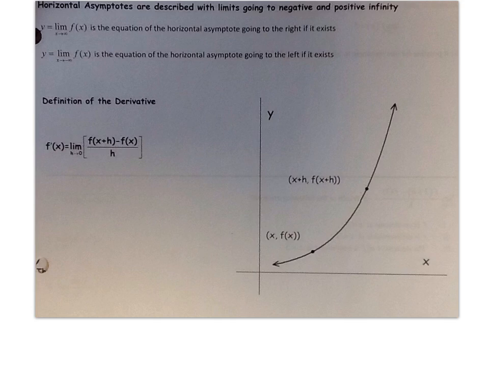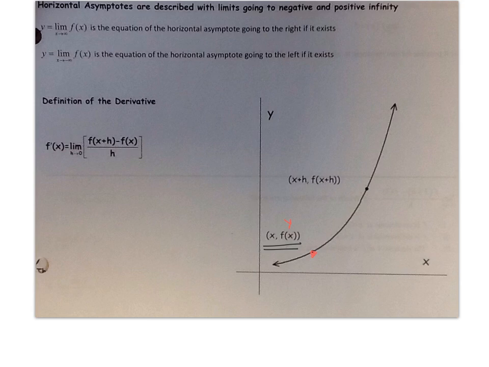Next we have the all-important definition of the derivative. F prime of x equals the limit as h approaches 0 of f of x plus h minus f of x all divided by h. So that's found basically by if I start with a point on my graph at any given x value, y value f of x, which f of x means the same thing as y.